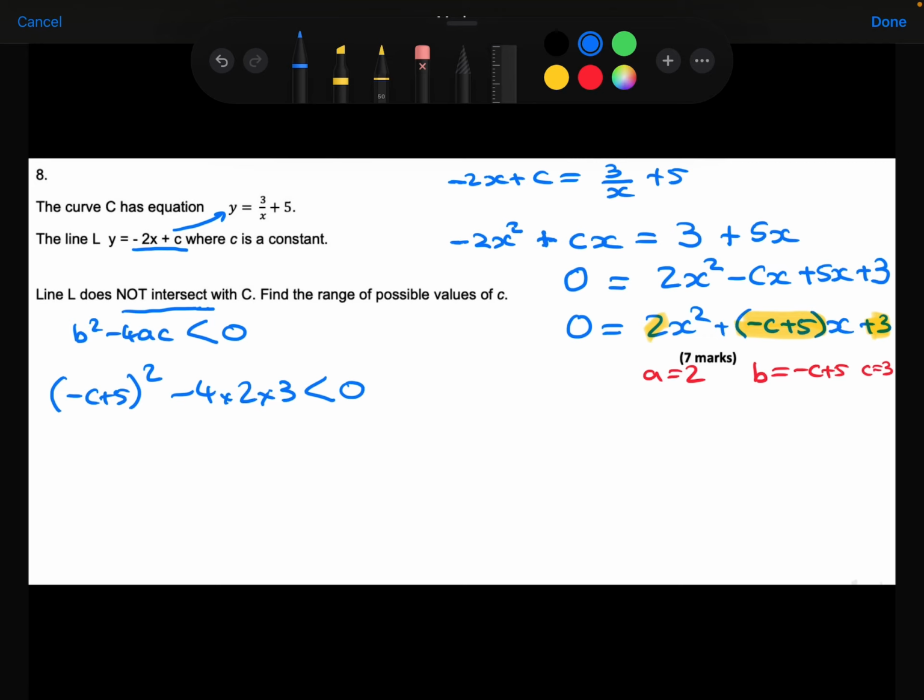So minus c times minus c is c squared. Minus c times 5 is minus 5c, and then double it. And the 5 squared is 25. Then we have minus 4 times 2 is minus 8, times the 3 is minus 24. Collect up those like terms.